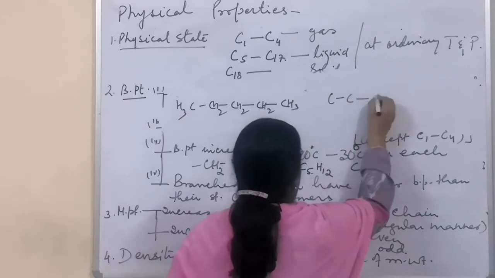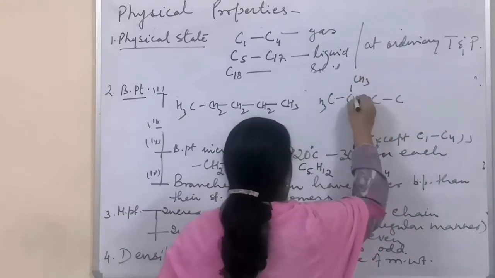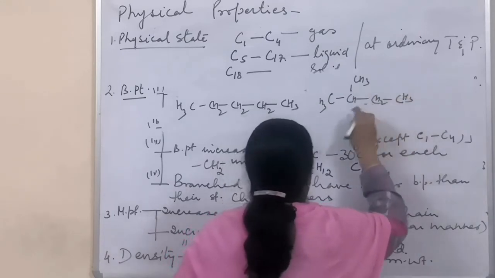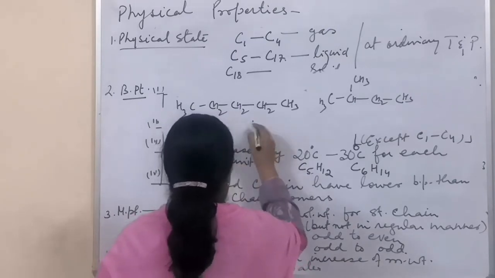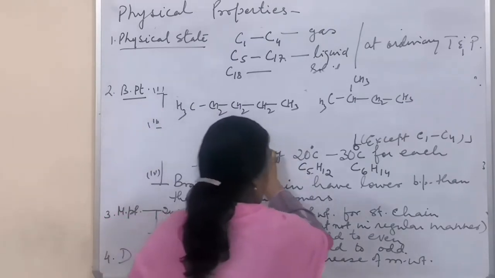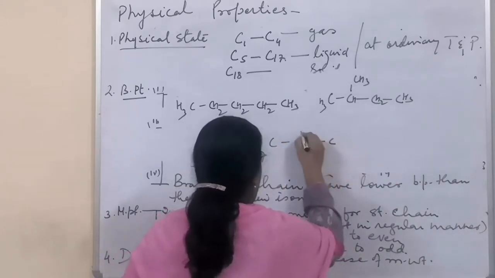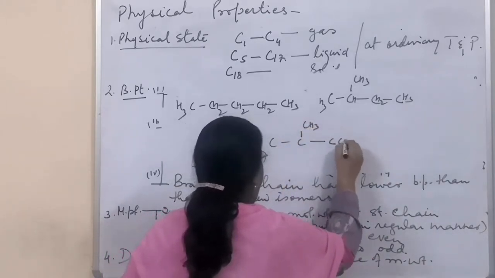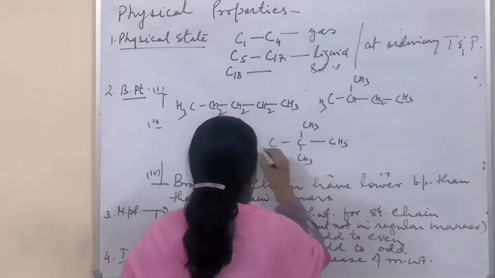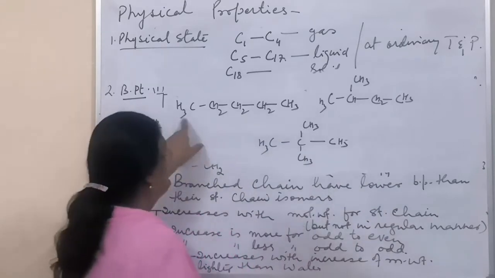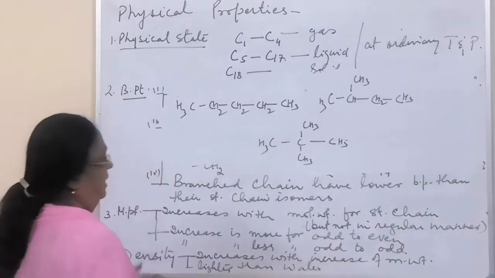And if you make this isomer, CH3, CH, CH2, CH3, this is having one branch, and here you take another, with CH3, CH3 and CH3 and CH3, all are having 5 carbons and 12 hydrogens.